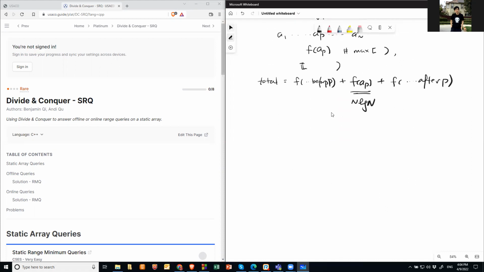So let's say for those intervals, if A of P is the max value within this interval, right? So obviously the result is A of P plus 1, for example. Then you have to keep this.